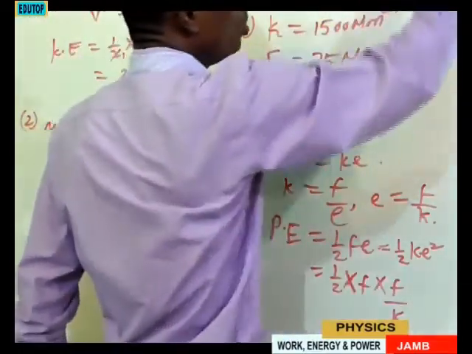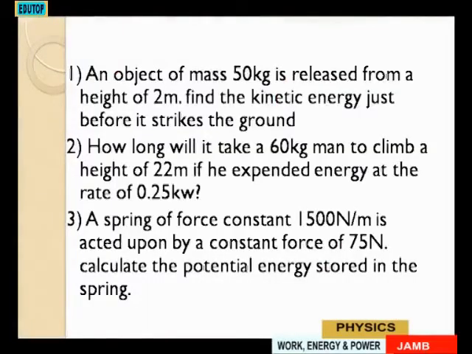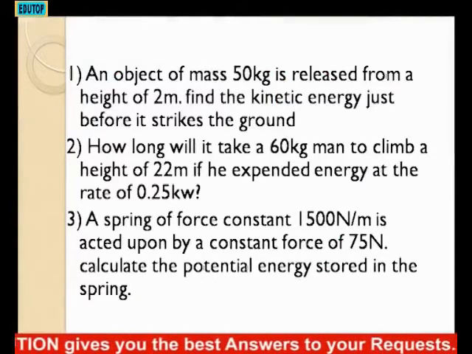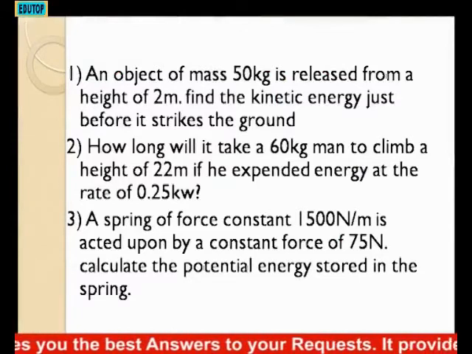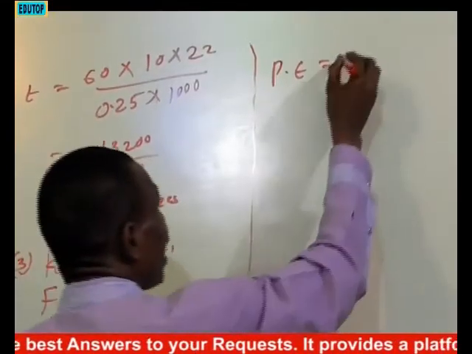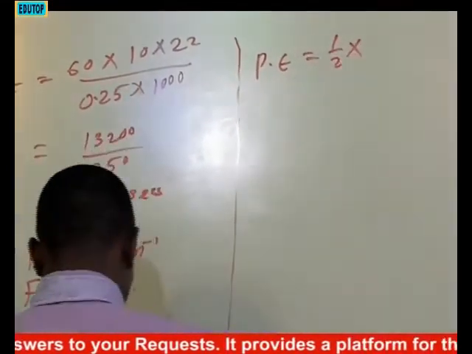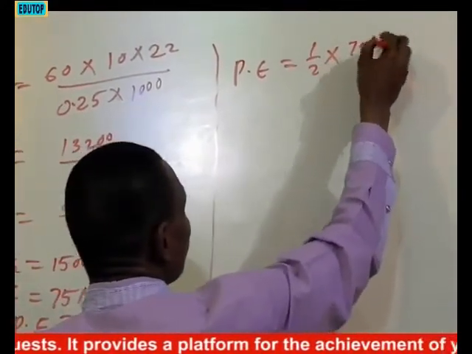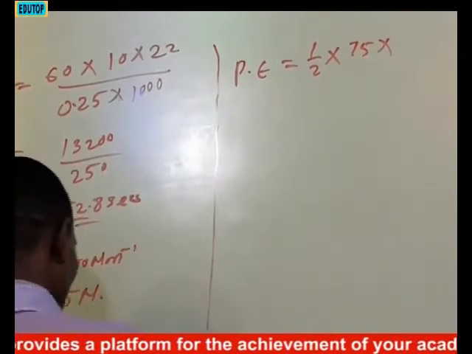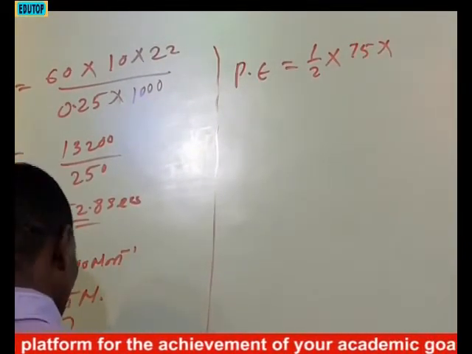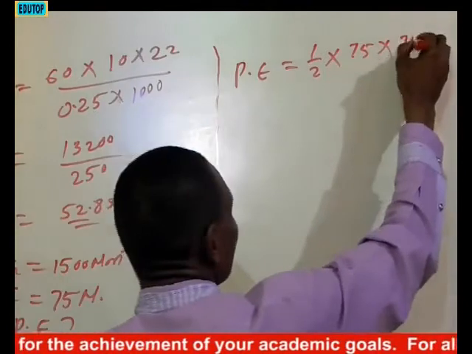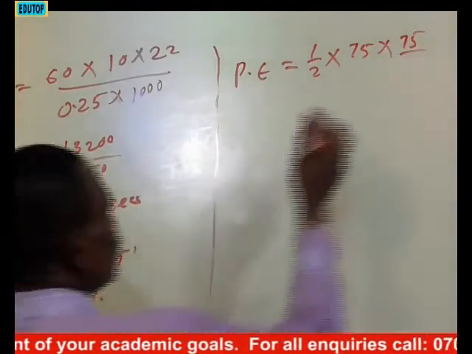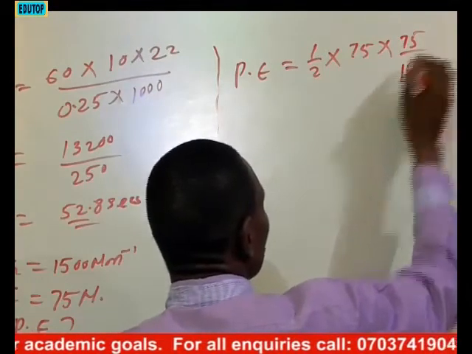Then that is what we are going to use to calculate the potential energy stored in the spring, which is equal to half our F, which is the force, 75. Then another, that's another 75 divided by K. Our K is 1500.